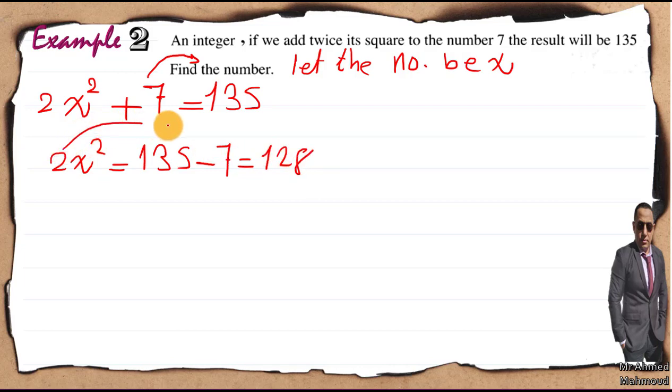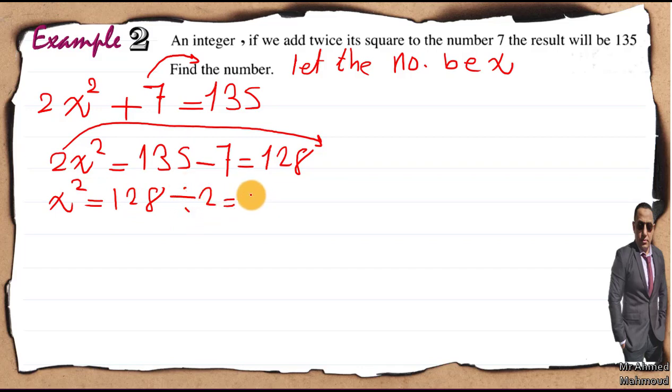Now I'm going to send 2 divided by 2, so x to the power of 2 equals 128 divided by 2, which equals 64. Now I'm going to take the square root for both sides, so x equals negative or positive square root of 64.